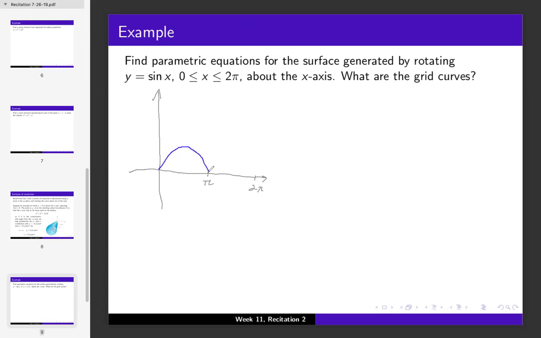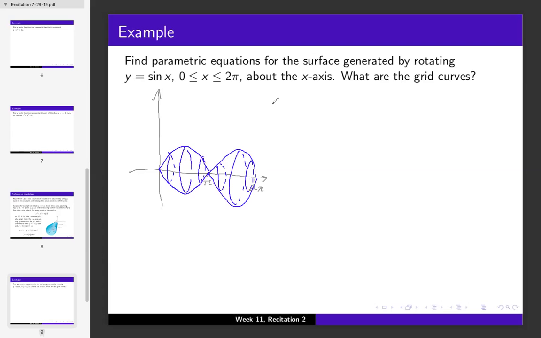The sine curve. We learned about these a long time ago. And the idea is we're going to rotate it. I can't animate this in my current interface, but you can imagine rotating this about the x-axis, and that would give us some funny-looking surface, kind of like a beehive-looking thing, I guess.